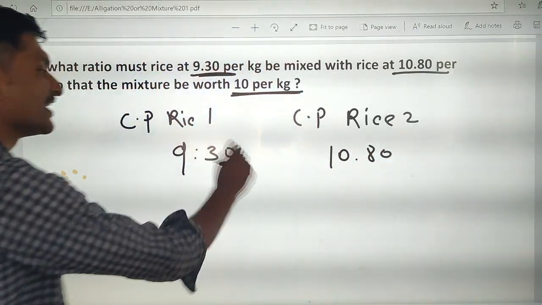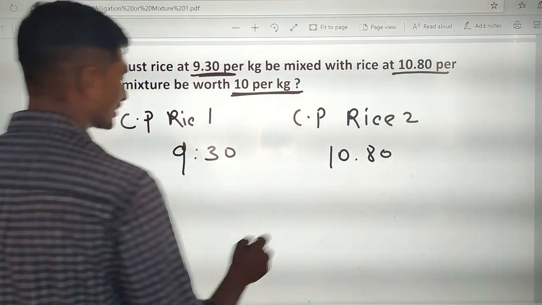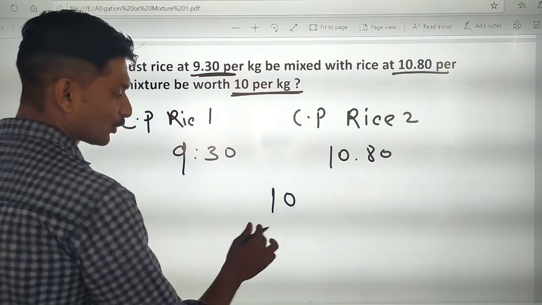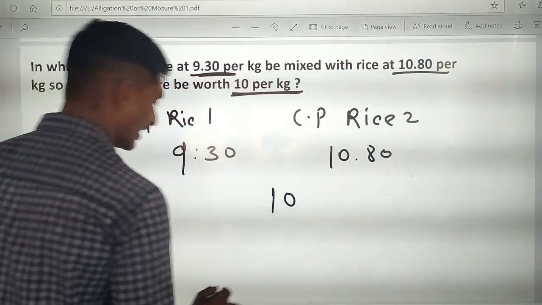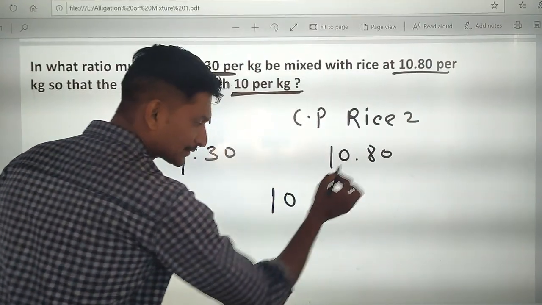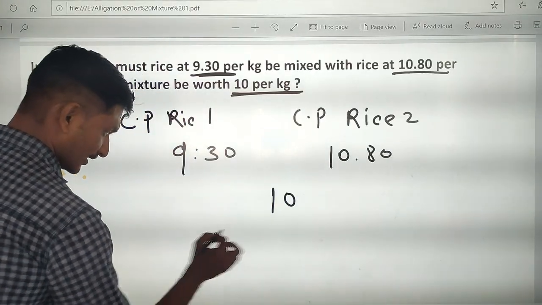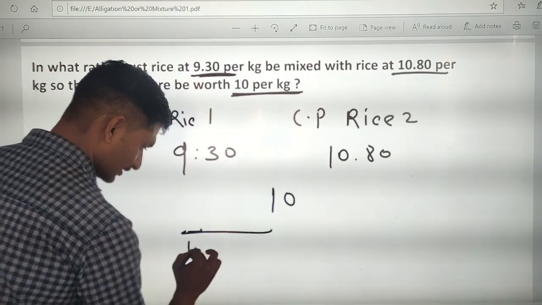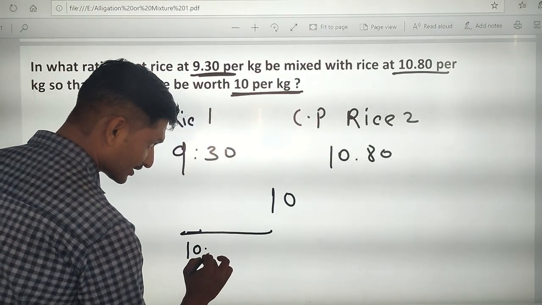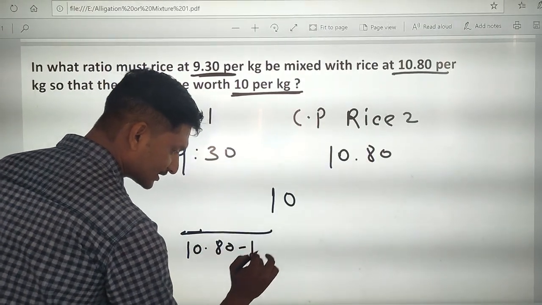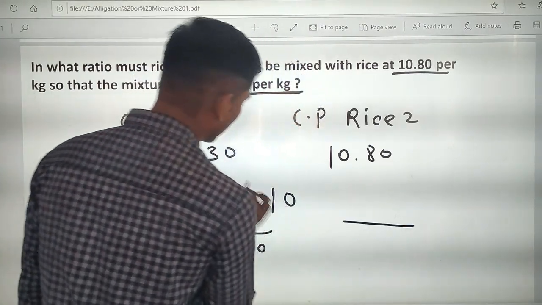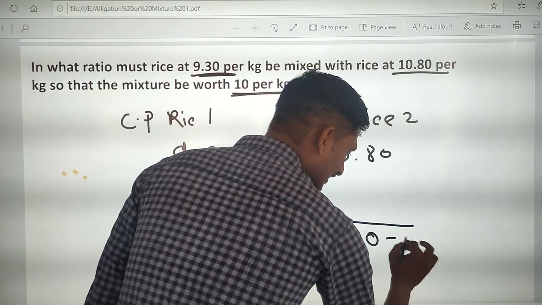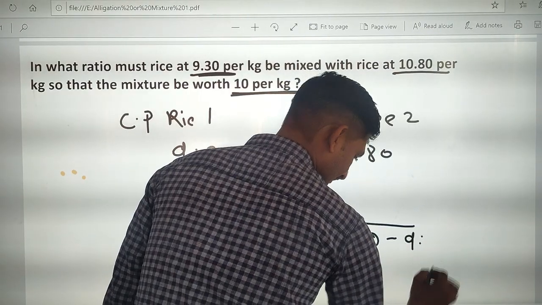Here two rice are mixed and their mixture is sold at 10 rupees per kg. Now we write the subtraction: 10.80 minus 10, and 10 minus 9.30.